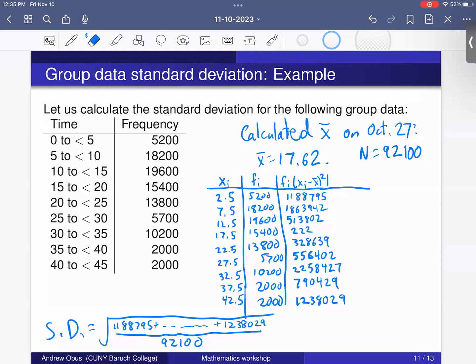If I do this all and I divide it by 92,100, so at some point you can check this on a calculator, what I get here is a standard deviation of 9.74.